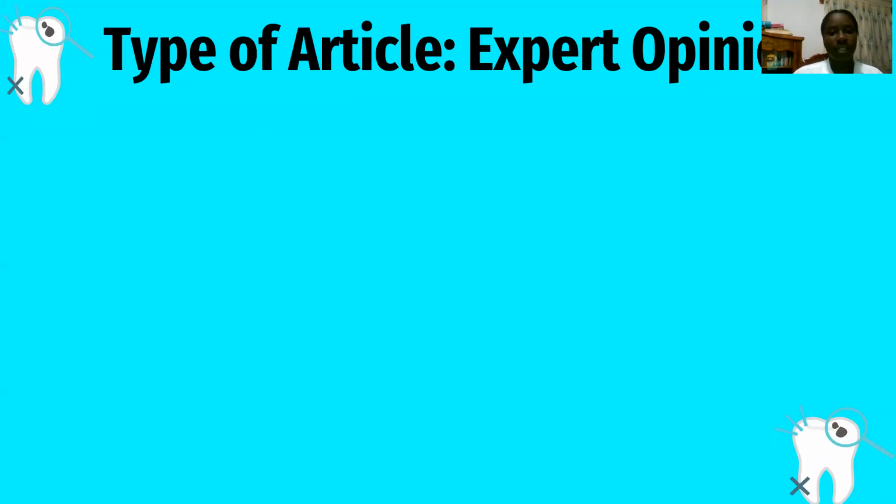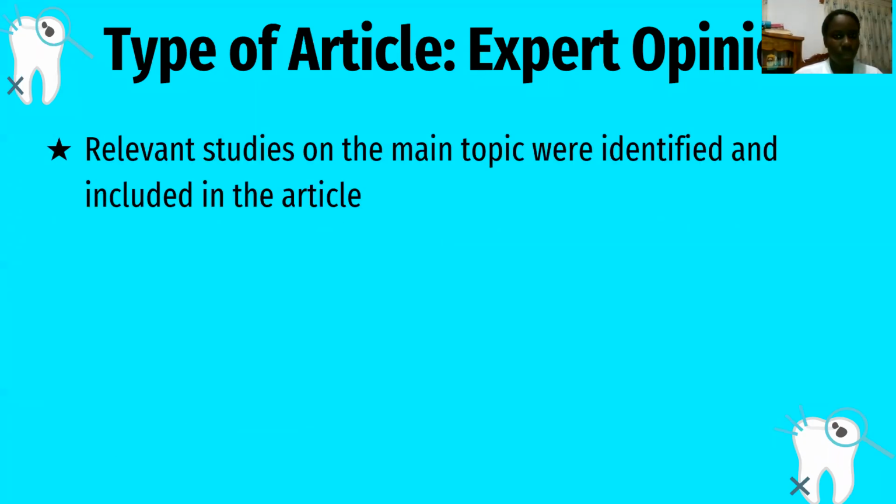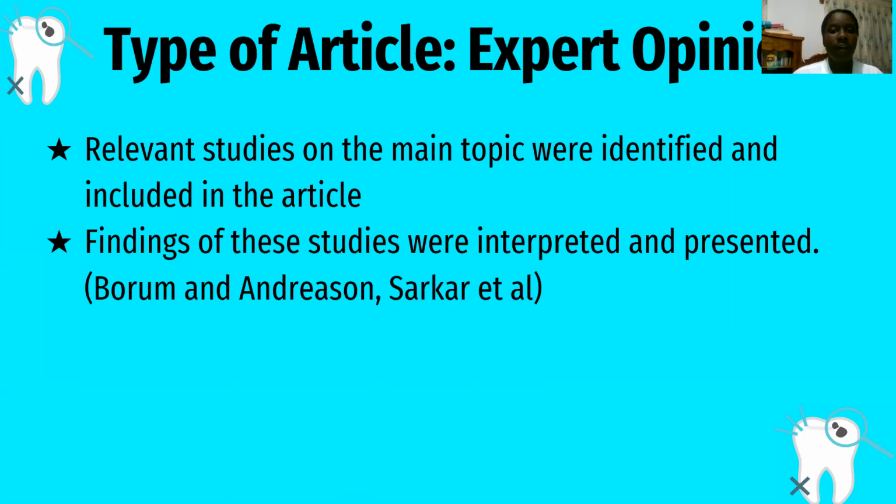Now, the type of article being analyzed falls within the level of expert opinion on the evidence pyramid. Relevant studies on the main topic were identified and included in the article. Findings of such studies, such as those done by Borum and Treason and Sarkar et al., were interpreted and presented.